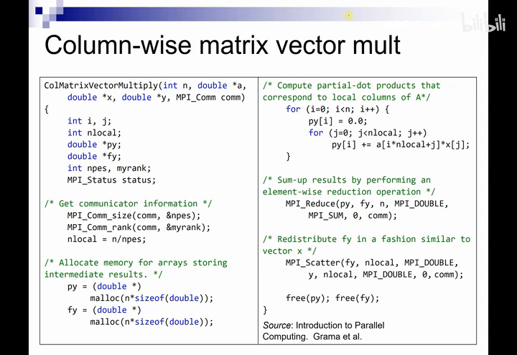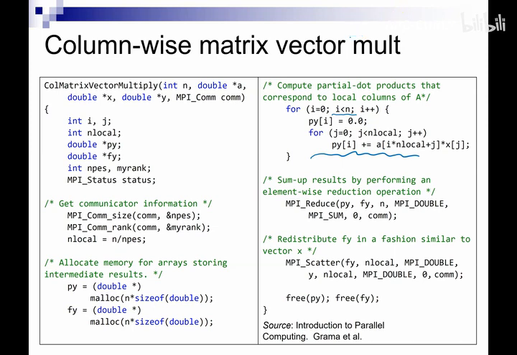It's going to take all of its rows, these partial rows, and dot product them with this part of x that it's got. So that's what's happening in this part of the code. It's computing n of these partial dot products.